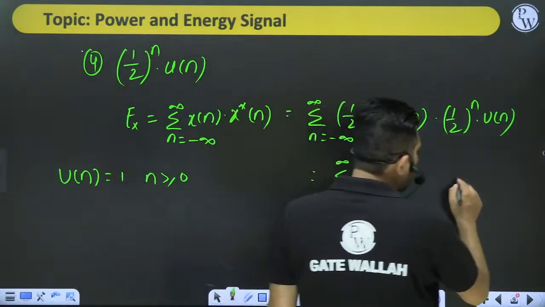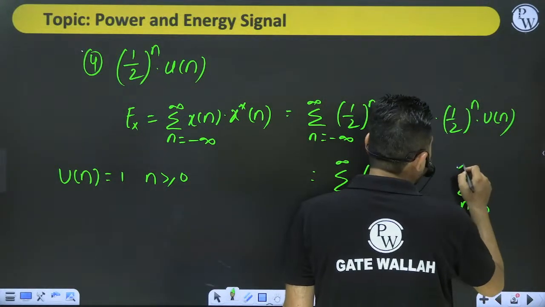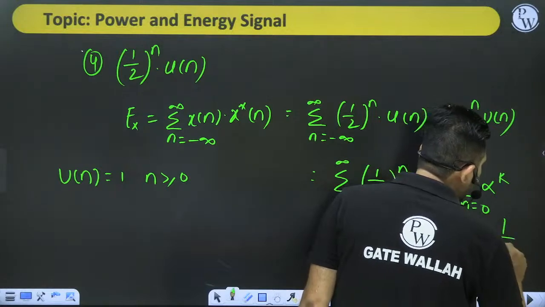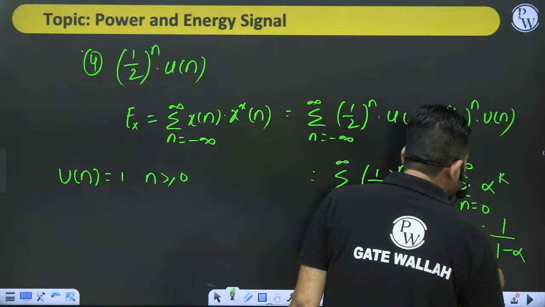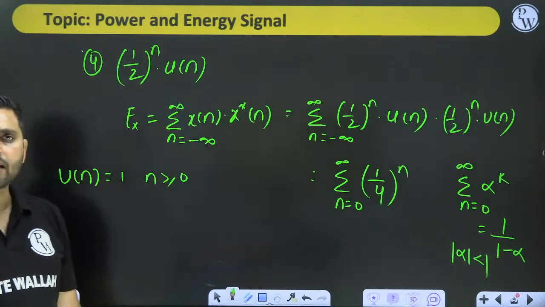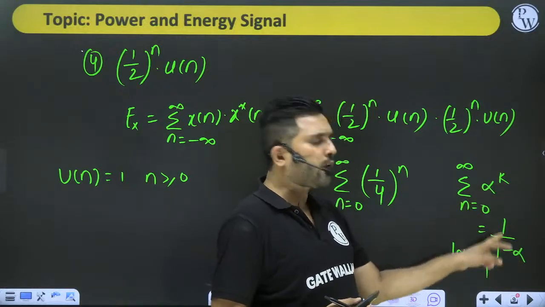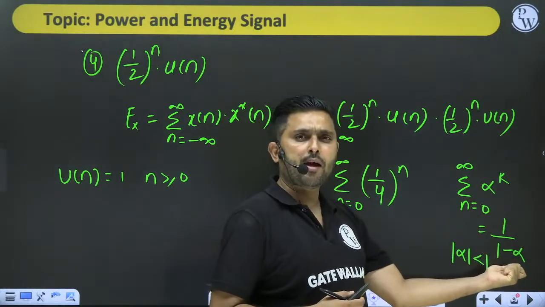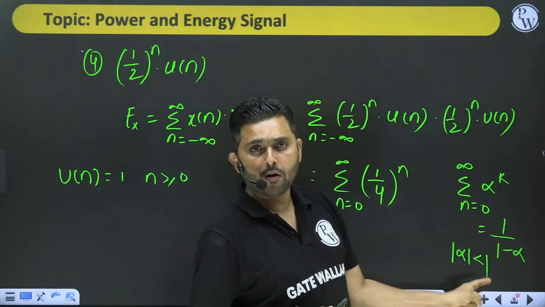Now you know that the summation n is equal to 0 to infinity of alpha to the power k is 1 upon 1 minus alpha if mod alpha is less than 1. Mind it. If mod alpha is less than 1, then it is 1 upon 1 minus alpha. Easily you can find out that this is nothing but my infinite GP series formula.